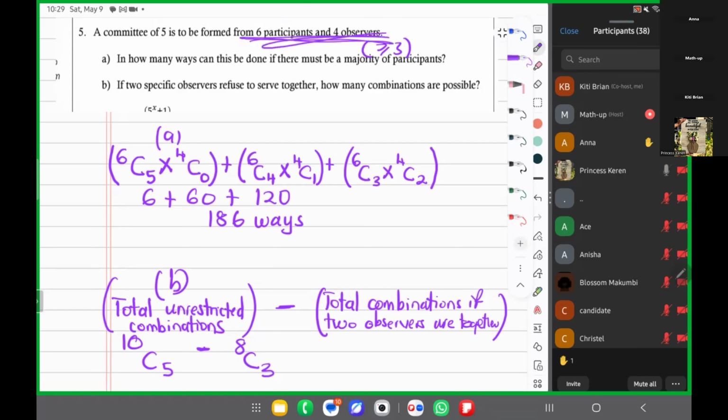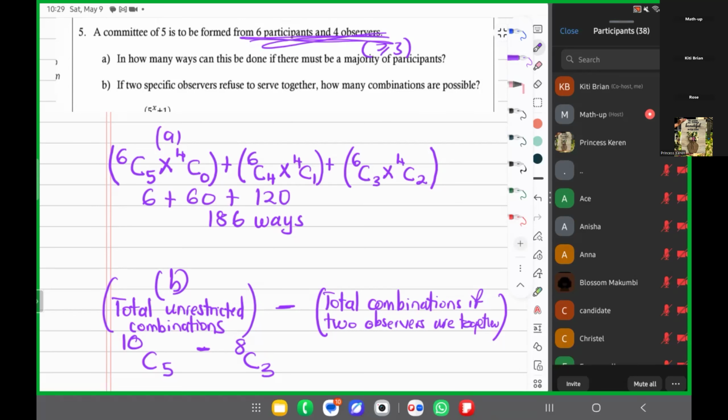Out of those 10 people, I'm just getting my 5 to form the committee, no restriction. So I did 10 combination 5. That's if I don't have a restriction. But my question has given me a restriction on that committee: 2 specific observers refused to serve together on that committee.